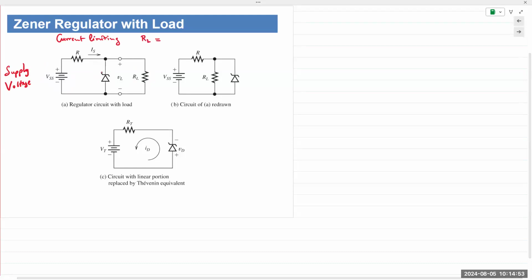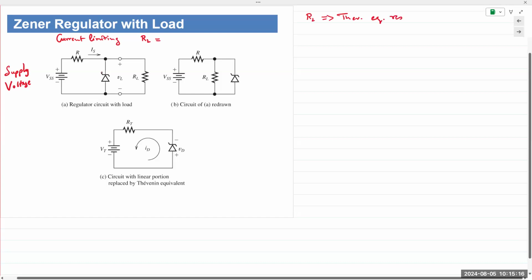RL is simply noted as a load resistance, but in real life, that RL load could be any large circuit or device. For instance, if you plug your laptop charger into the laptop, your entire laptop could be RL. RL is the Thevenin equivalent resistance of a larger circuit.